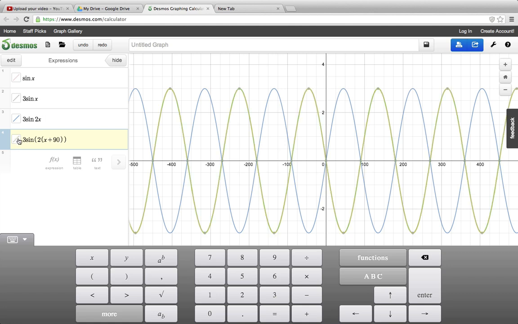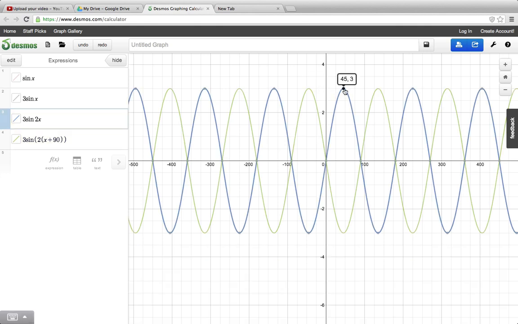In the next one, it shifted it. Now, it looks like it could have shifted it to the right or to the left, but because it's a positive value, it actually shifted it to the left 90 degrees. Okay, so we started here at the 45 and 3, and then 90 degrees to the left of that would be negative 45 and 3. So it shifted it to the left 90 degrees, okay?